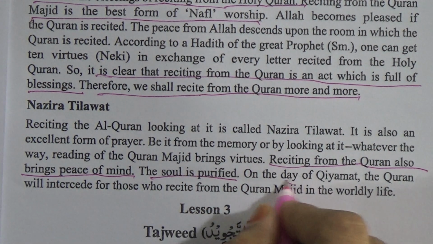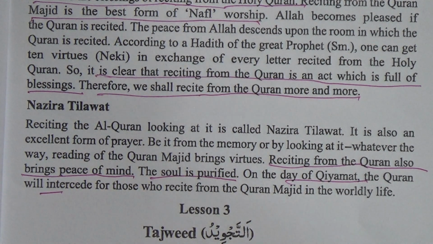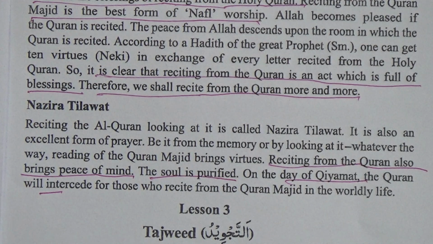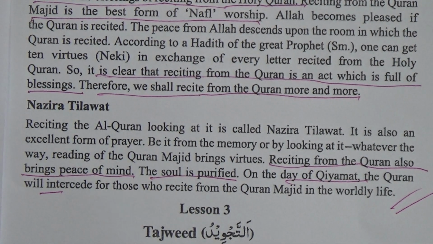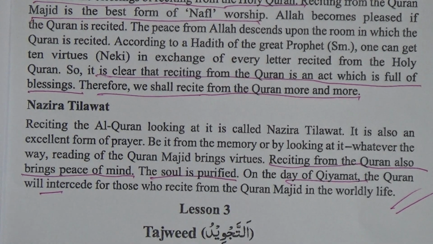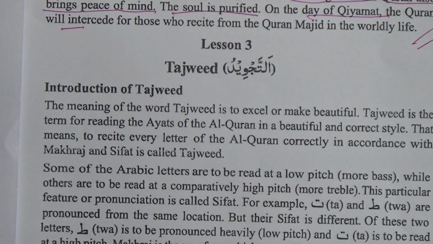On the day of Qiyamah, the Quran will intercede for those who recite from the Quran Majid in worldly life. That means the Quran will do shafa'ah for you if you recite Quran Majid every day. So you can understand how much fazilat and importance there is in reading Quran.